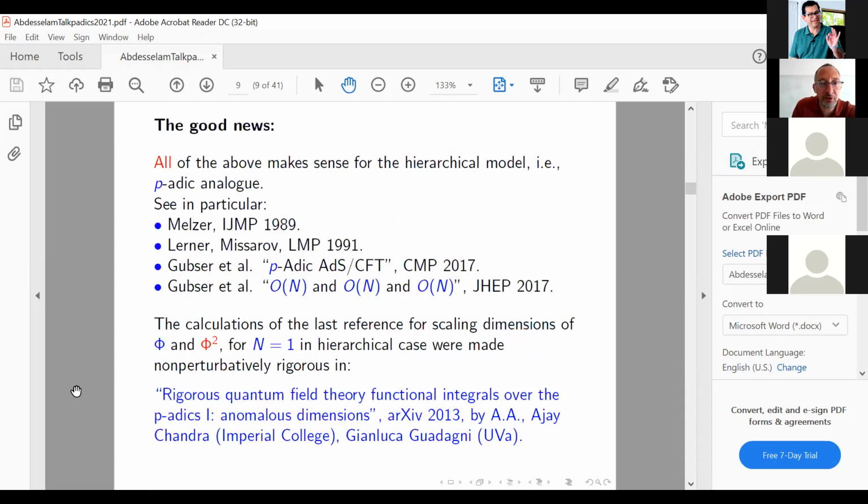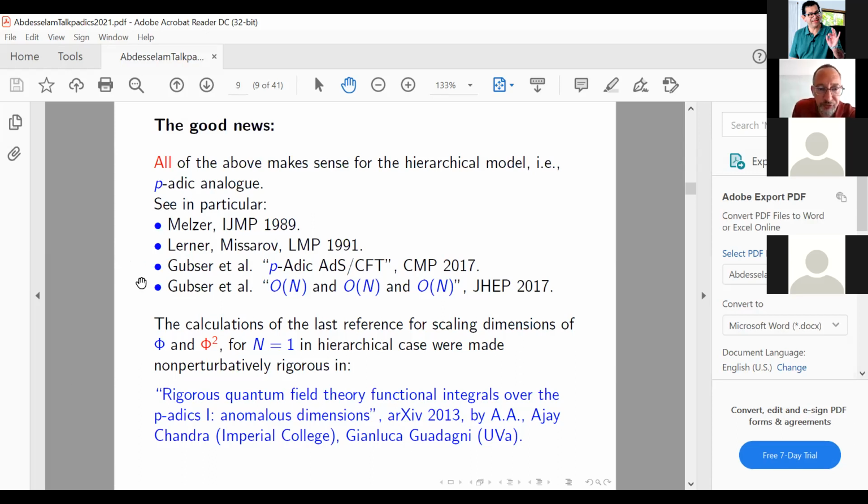All right, so the good news is that almost everything I said has an analog, a dictionary, you can make sense of it in the hierarchical model, or over the p-adics. There's been work by Melzer, Lerner, and Nisarov defining precisely what it means to be a conformal field theory over the p-adics.